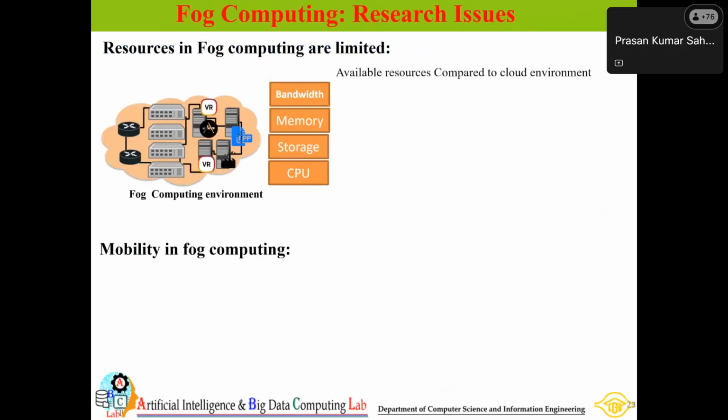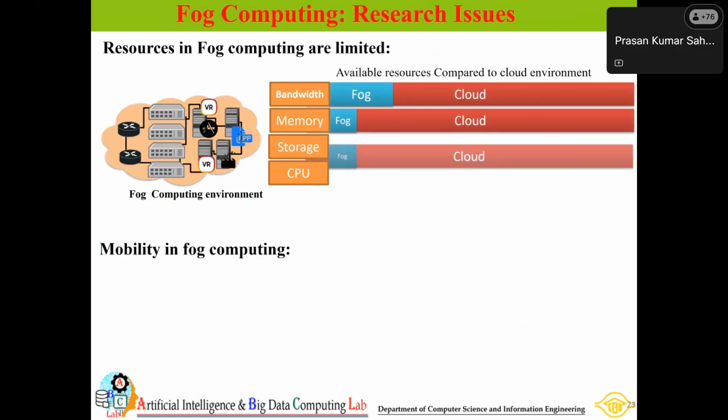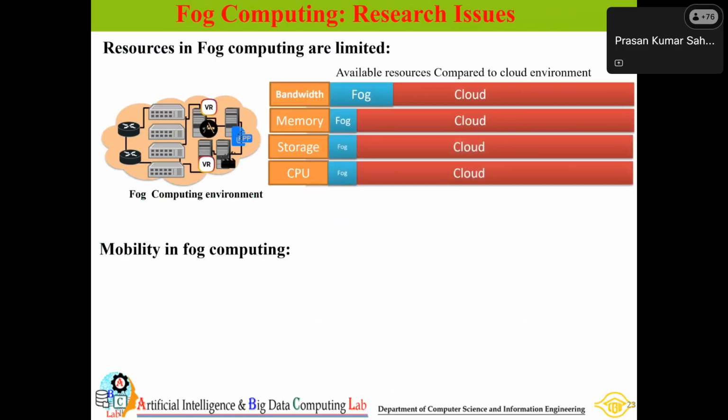Now the important research issues in fog computing we can consider are bandwidth, memory, storage, and CPU. I have compared them here. The blue color indicates the resource for the fog computing, and red indicates the cloud computing.